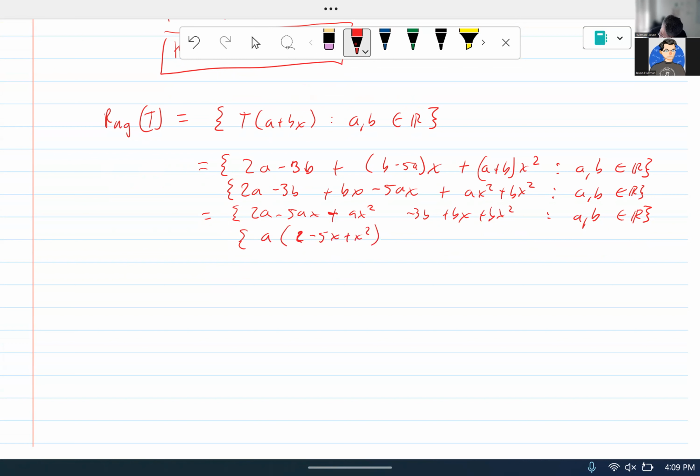Factor out my B, plus B times negative 3 plus X squared. And so my range is the span of 2 minus 5X plus X squared and negative 3 plus X squared.